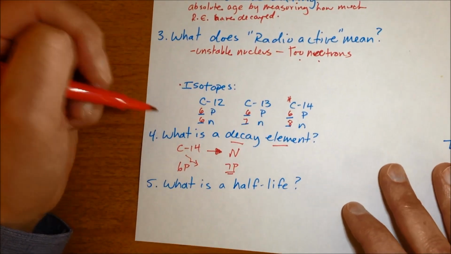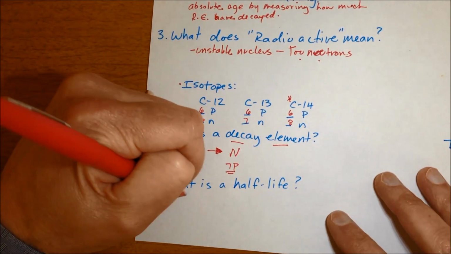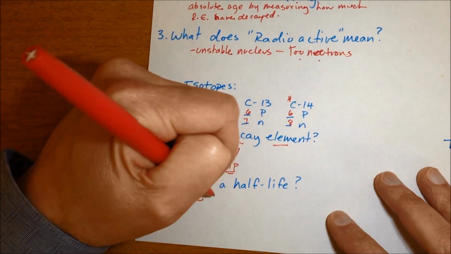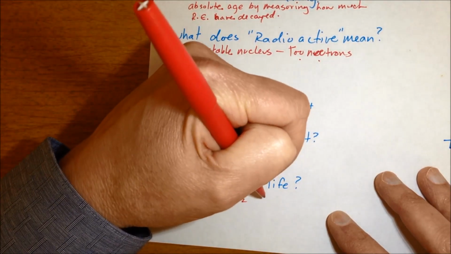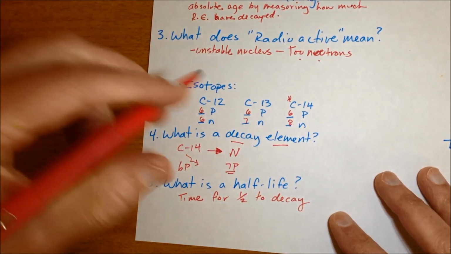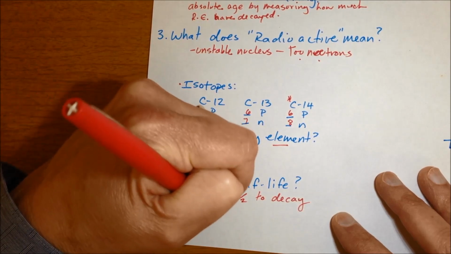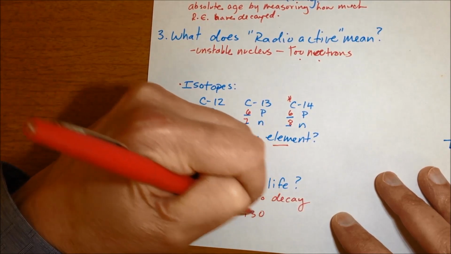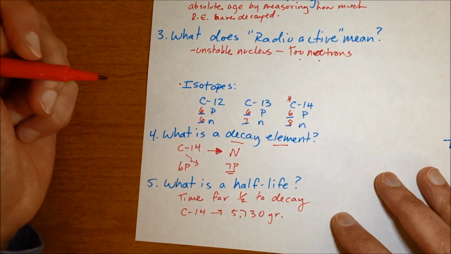An important understanding in how we calculate radioactive dating is what they call half-life. Half-life is the amount of time it takes for half of a radioactive sample to decay. In the case of carbon-14, on average, it takes about 5,730 years for half of whatever you start with to decay.